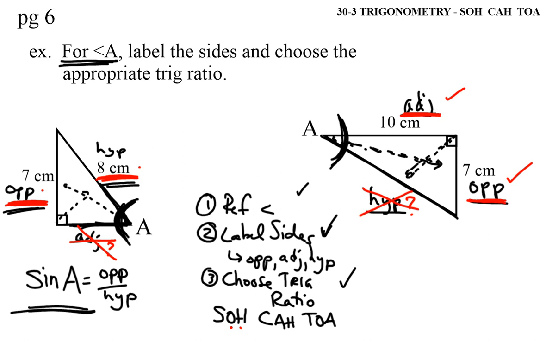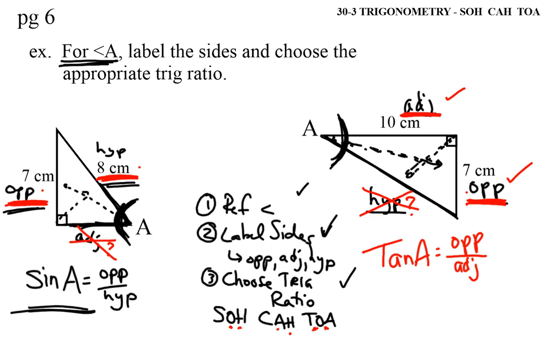So if we have adjacent and we have opposite, well, what uses the adjacent and the opposite? There it is there, opposite adjacent. So in this case, we need tangent of A, opposite over adjacent. And that's how we choose the trig ratio.